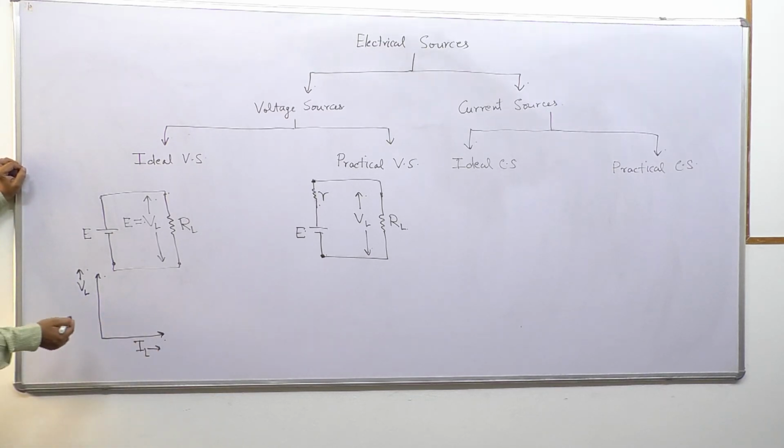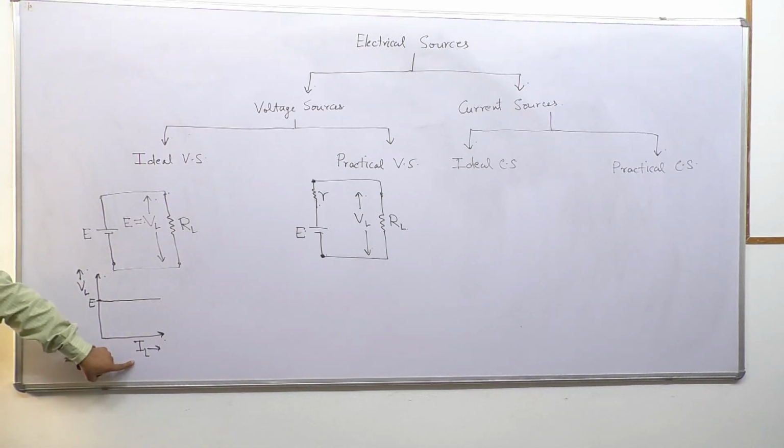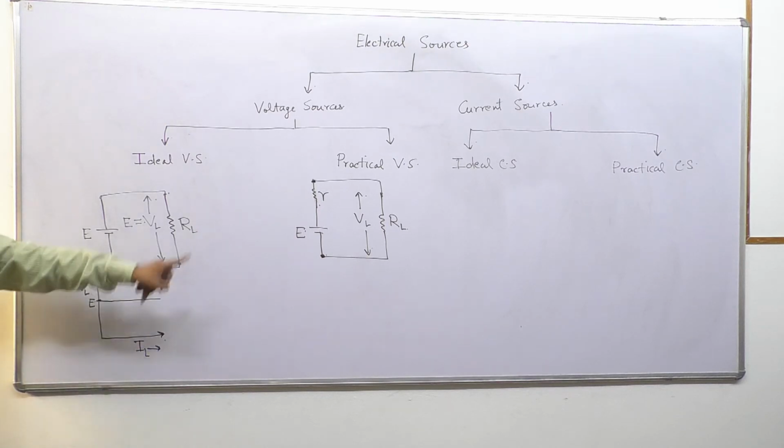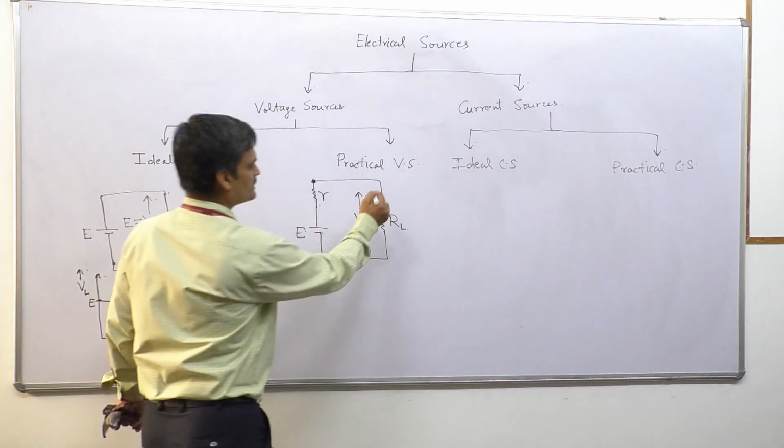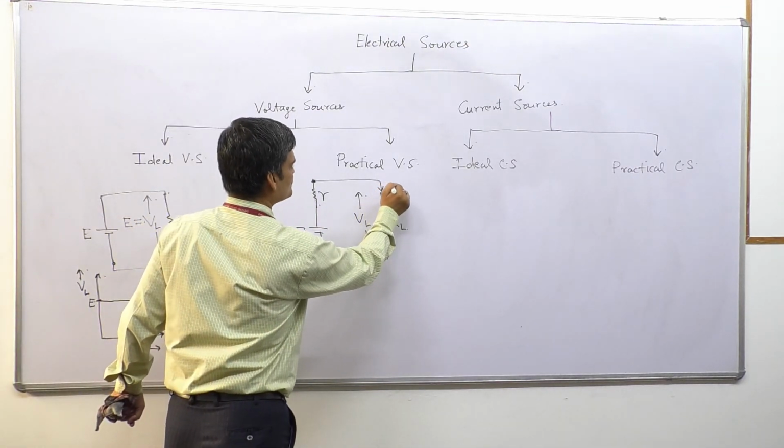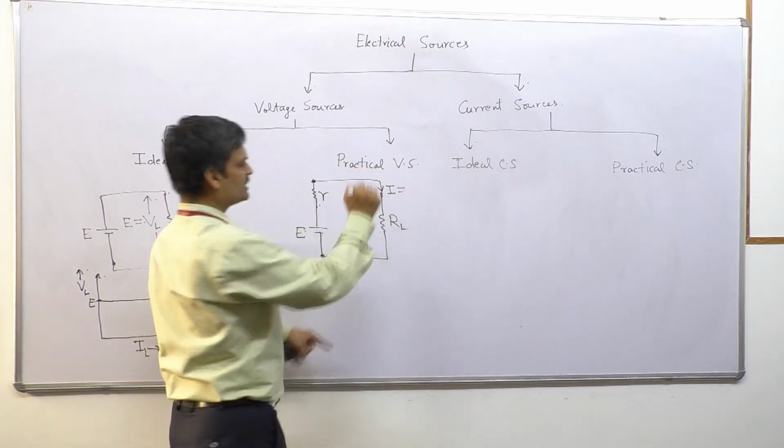So when the source is an ideal one, the value of load voltage is always constant at the value of E. VL is always equal to E. It does not depend upon the value of load current I. Whereas in this case, what will be the value of current I?